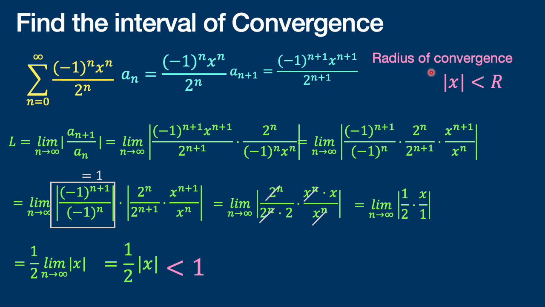But we want to look for the R value, where absolute value of x is less than R. We have times 2 here, so absolute value of x is going to be less than 2. R is going to be 2. So we find the radius of convergence for this power series, R is 2.